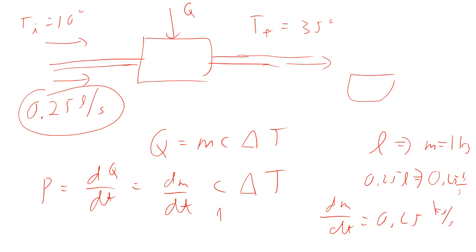The only thing we need to know left is the specific heat of water. Specific heat of water is 4186 joules per kilogram Celsius degree. So the power for this little water heater is going to be dm/dt times cΔT.